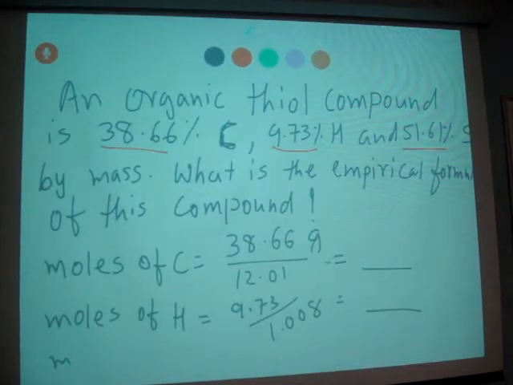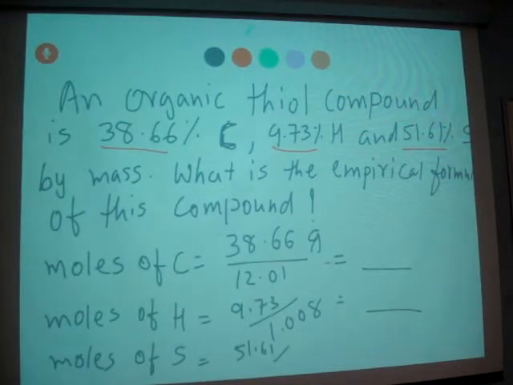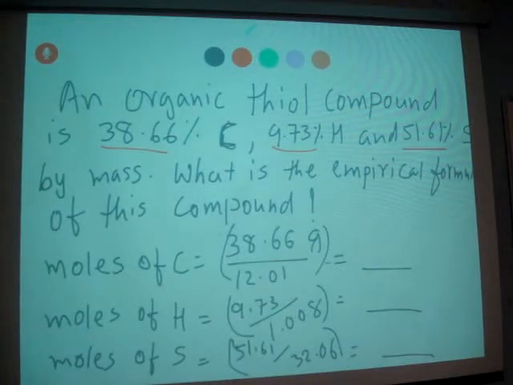Now we need to find out moles of sulfur. 51.61 divided by, sulfur is about 32.06. So first you guys need to find out their moles of each element. Moles of each element, and then you can find out the simplest one. So go ahead and calculate.